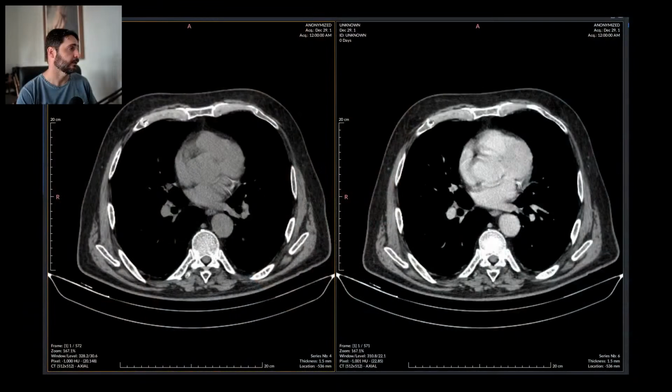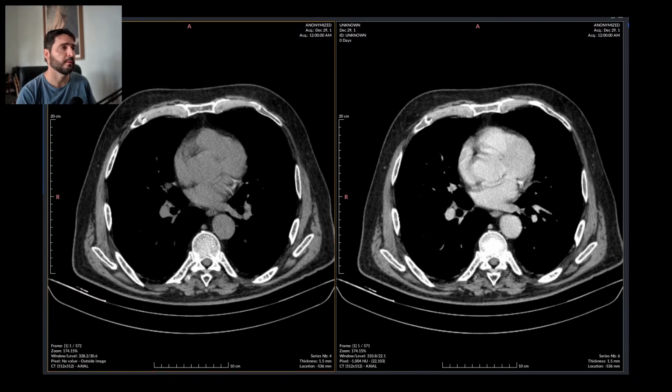I guess this is it. Yep, it's working. Just as a quick recap, if you are just starting out in CT and MRI scanning practice, this is an axial scan. These are the original axial images.